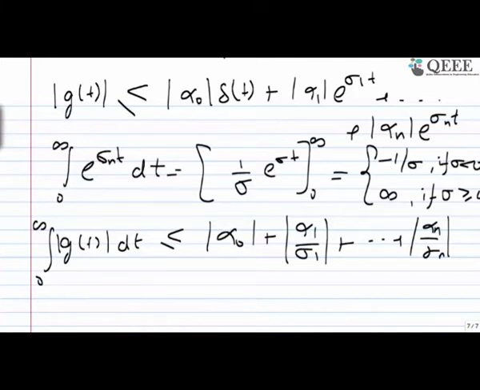Here I assume that sigma is less than 0, that's why I'm getting this over sigma 1, otherwise this will give me infinity. Are you following what I'm doing here?